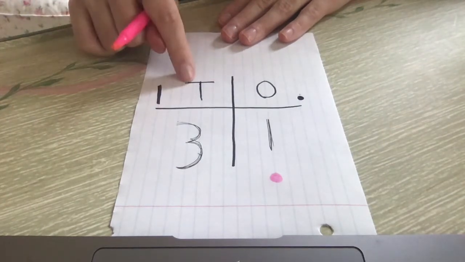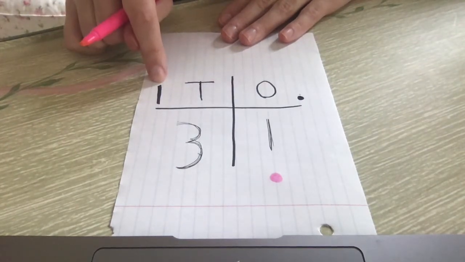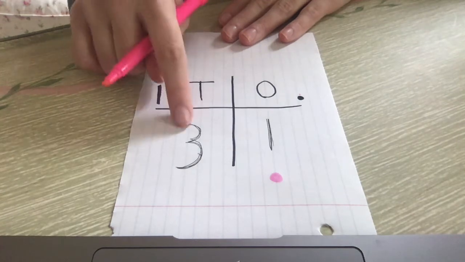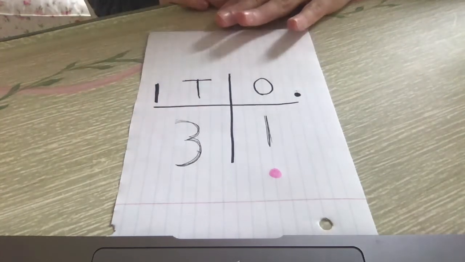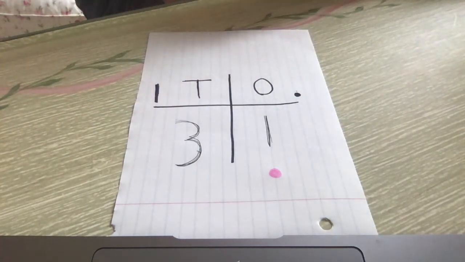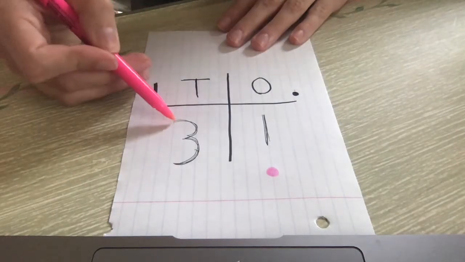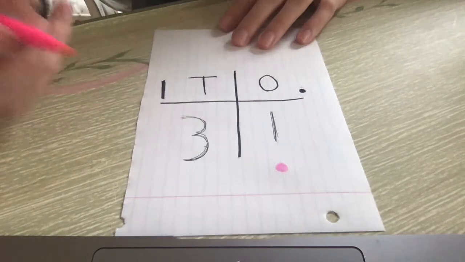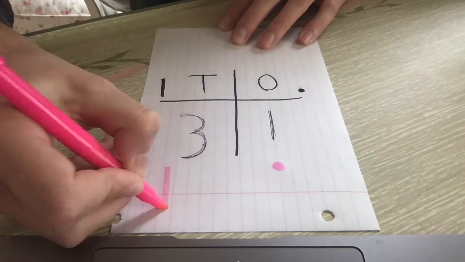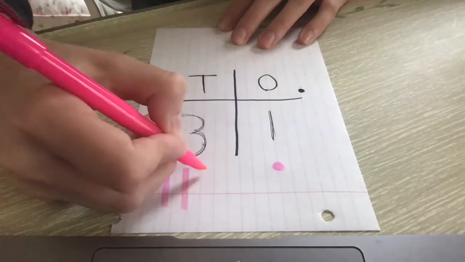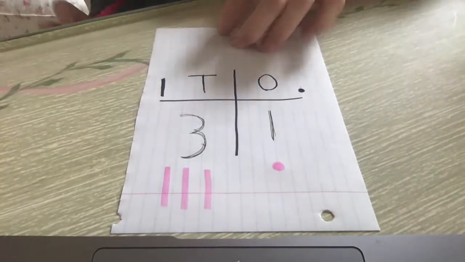Now we look at our tens where we draw our line bars, our tens bars. How many tens bars does it tell us to use for the number 31? Wow, really nice job. We need 3 tens bars. So let's count. 1, 2, 3.